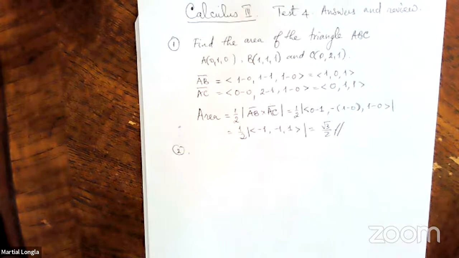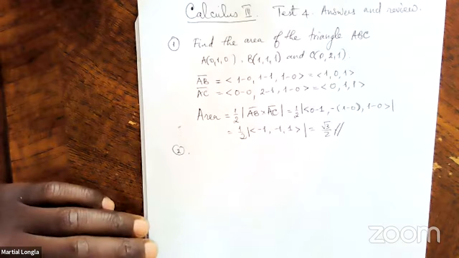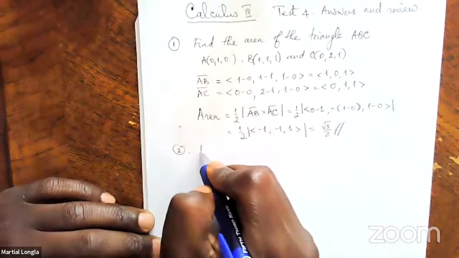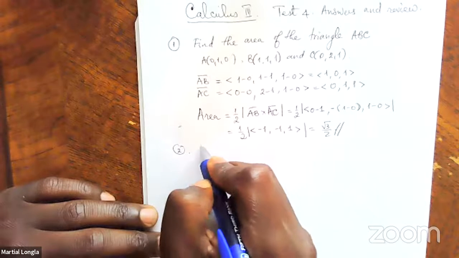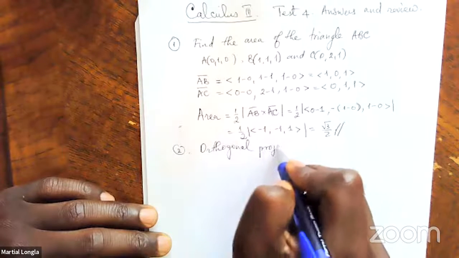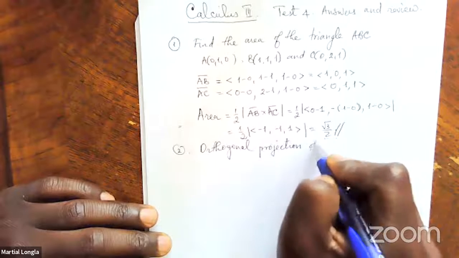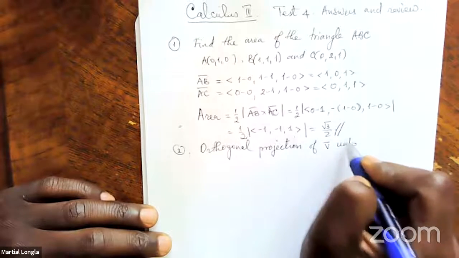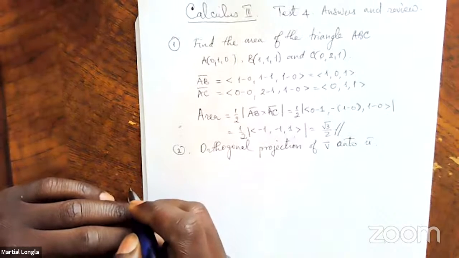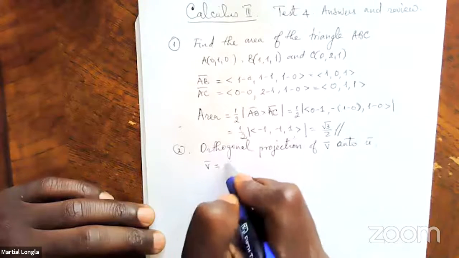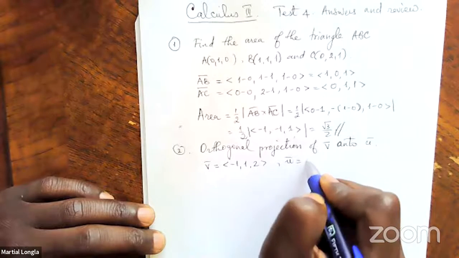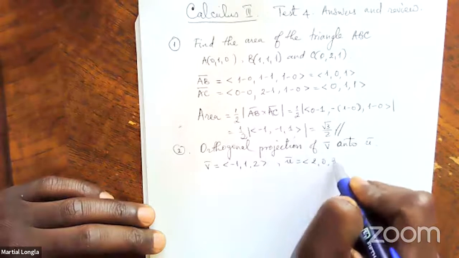In the second question, you were asked to find the vector projection of the vector V onto U. And then it's given V equals -1, 1, 2, U equals 2, 0, 3.